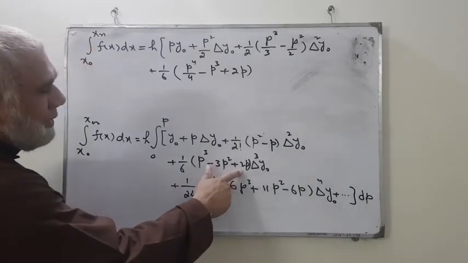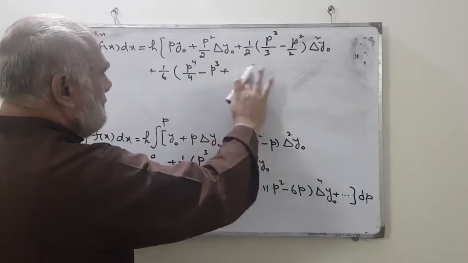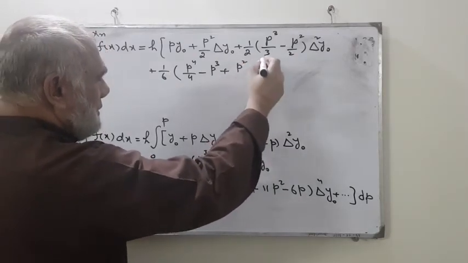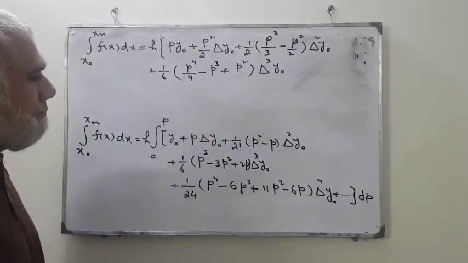Now we are going to integrate this one, so this gives you p square only. We can erase it from here and write p square, and outside there will be delta 3 y0.